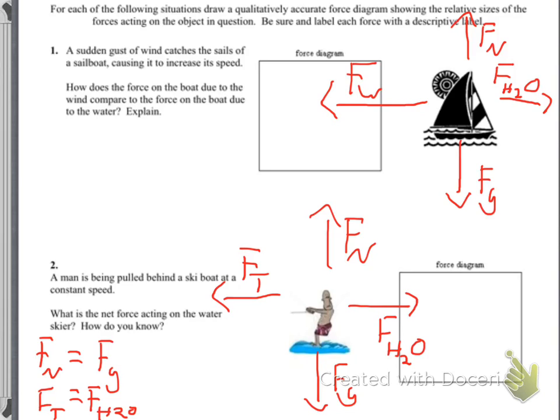So net force is 0, because if we take the normal force minus our force due to gravity, they're the same, so we get 0. Same with the tension and the water.